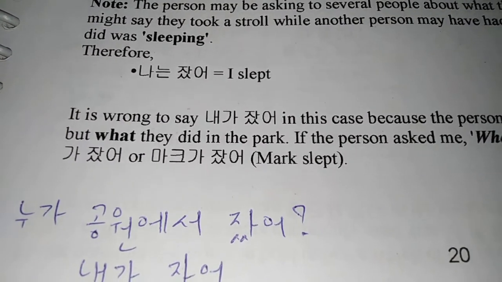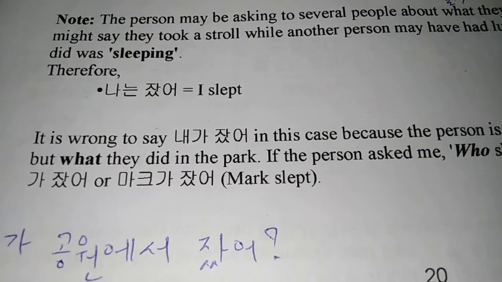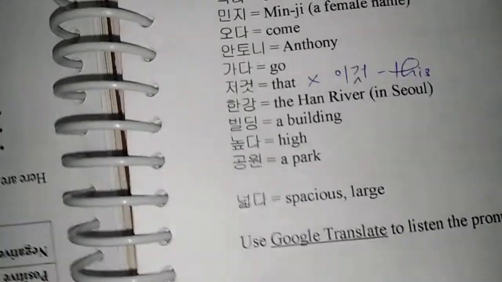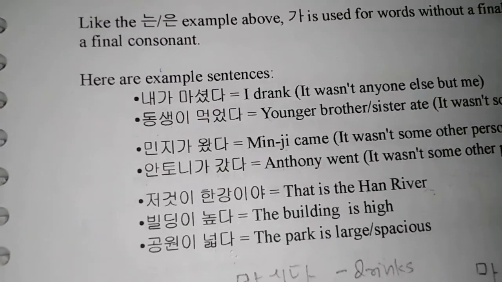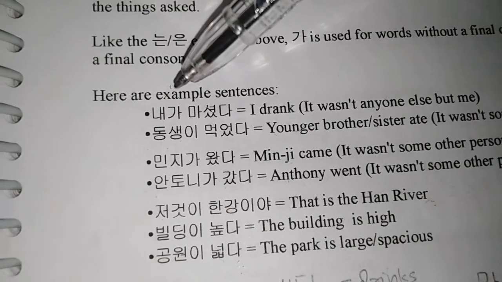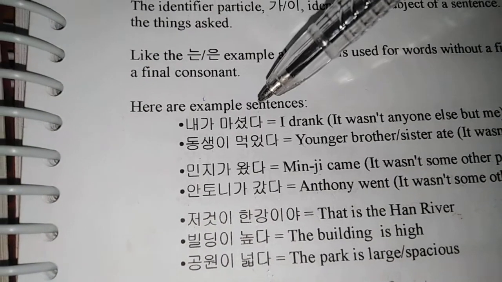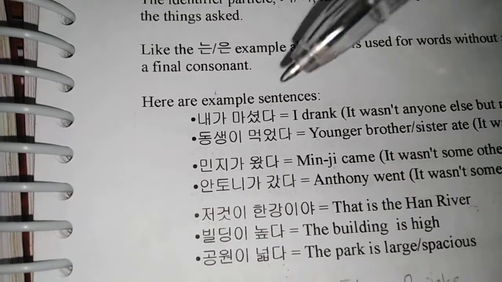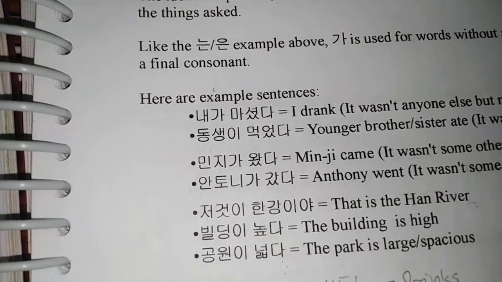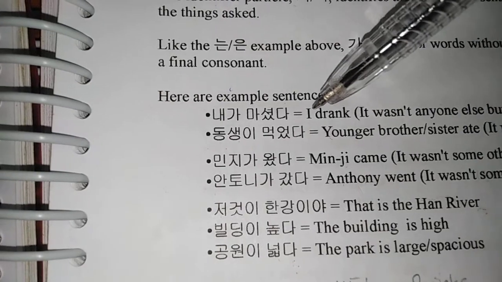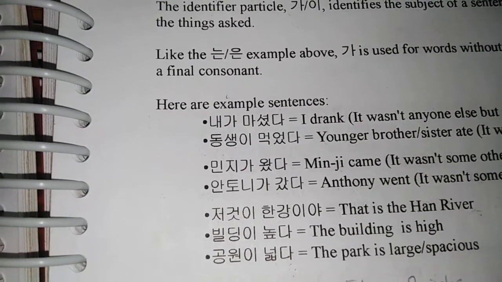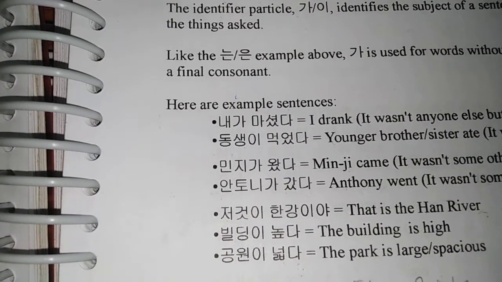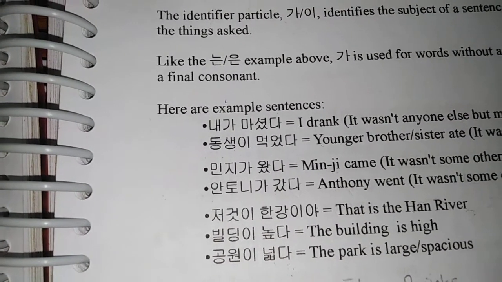So with that, we'll be going on to the next page, and we have examples on the next page, that is page number 21. The examples are 내가 마셨다. That means I am the one who drank, not anyone else. When we translate it into English, it would be I drank, but it would mean that I was the one who drank, not anyone else.